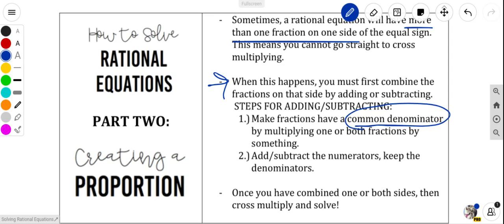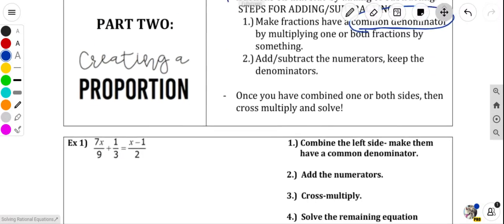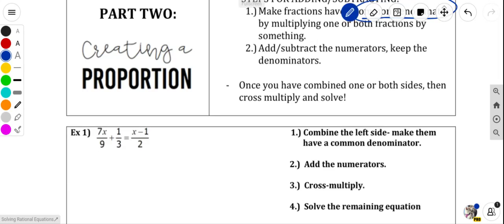Remember, to get a common denominator, you figure out what it should be first, and then you multiply one or both fractions by something, top and bottom, add the numerators, keep the denominators the same. Once you've combined the fractions, then you can simply cross multiply like we've been doing. Okay, so I have 6 examples that we're going to do.